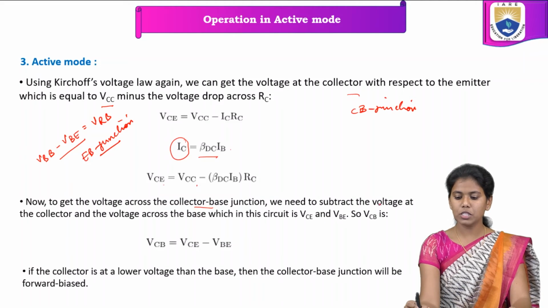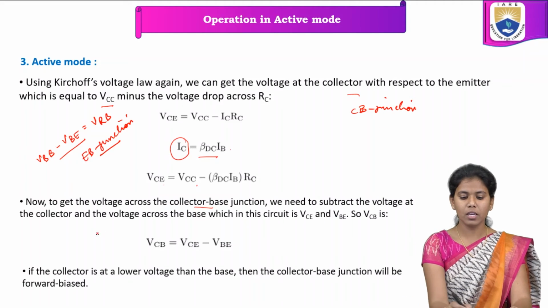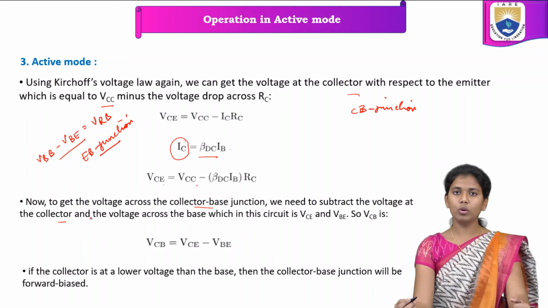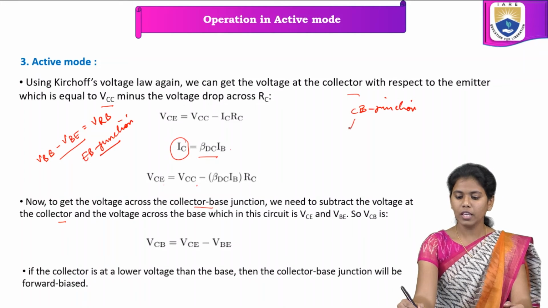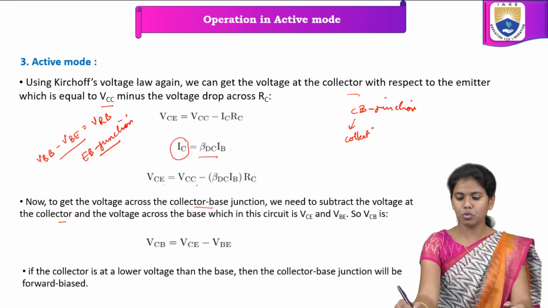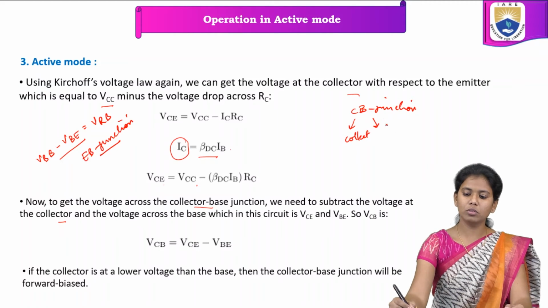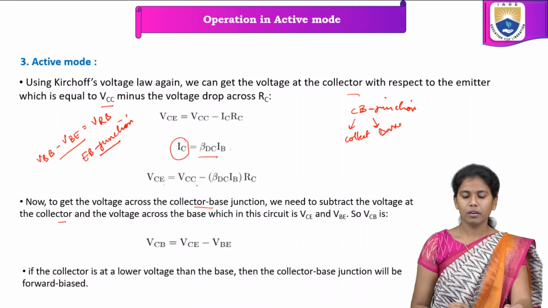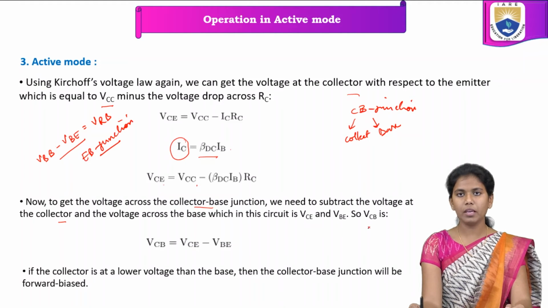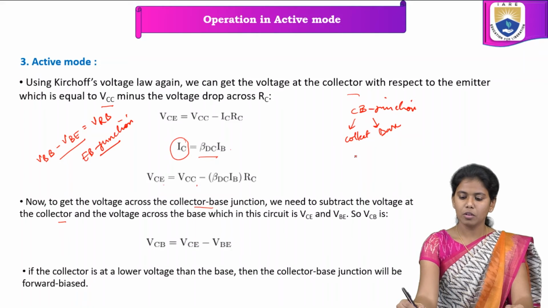So we need to subtract the voltage at the collector and the voltage at the base; we need to discriminate both collector and base. So VCB is nothing but VCE minus VBE.